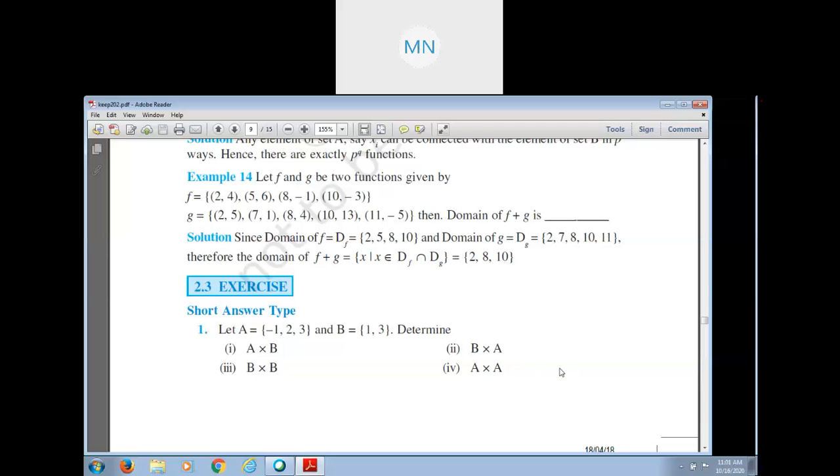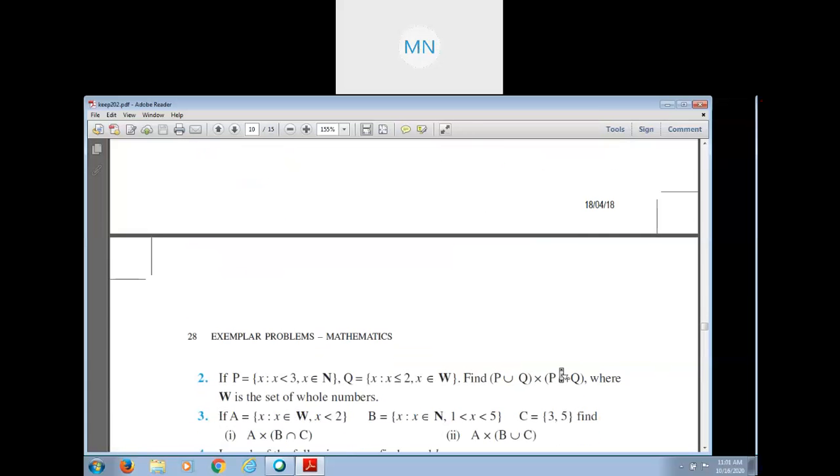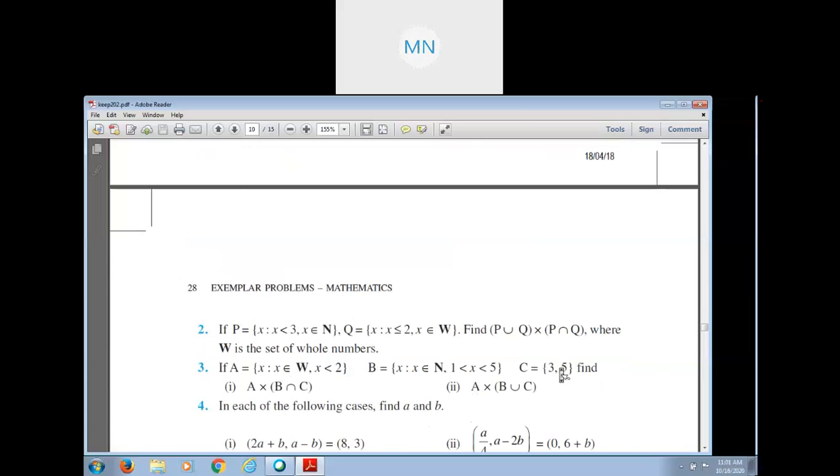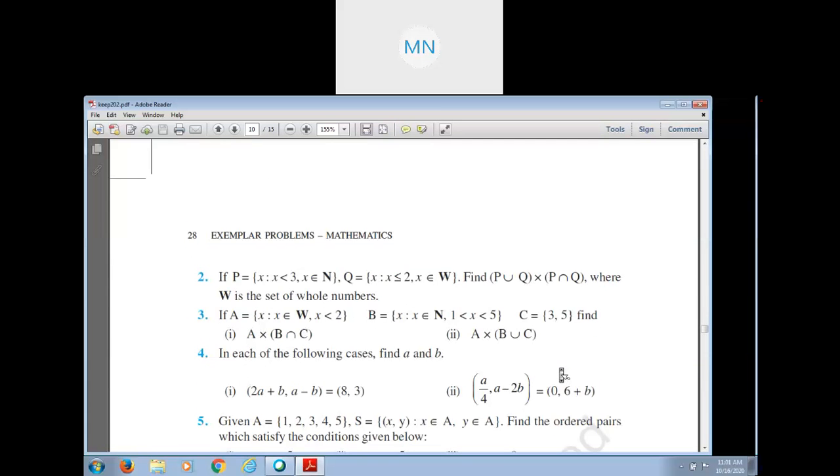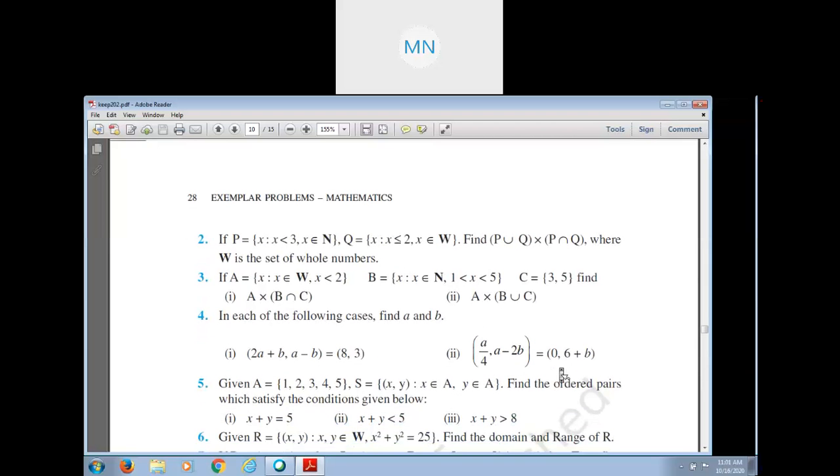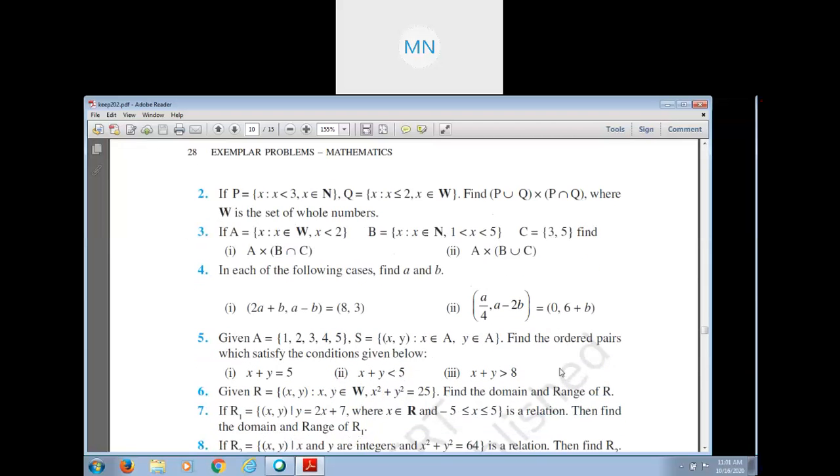And next, take this problem. Given R equals {(x, y) such that x, y belong to W}.